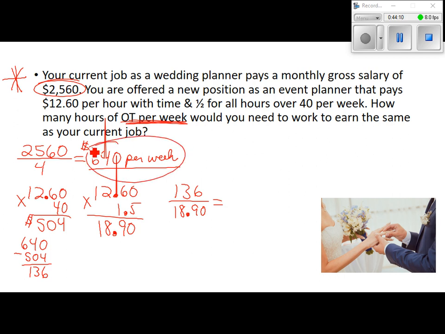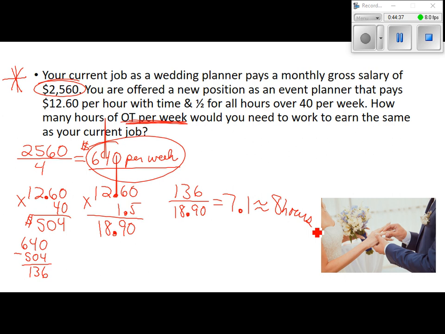What does it come out to be? 7.1. So if this is hours, we're actually going to have to work how many hours? 8 hours of overtime, so we'll have to work 48 hours a week to make what we're making right now.